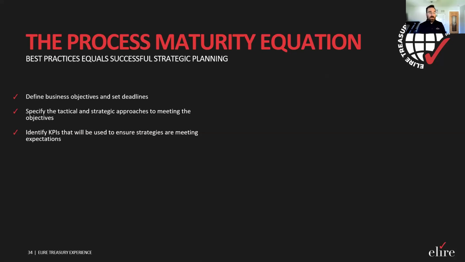Identify KPIs that will be used to ensure that those strategies are meeting expectations. Just like any process we discussed, one of the enablers was metrics, right? For setting these objectives for strategic planning and process maturity, you need to have something in place that can actually measure that.